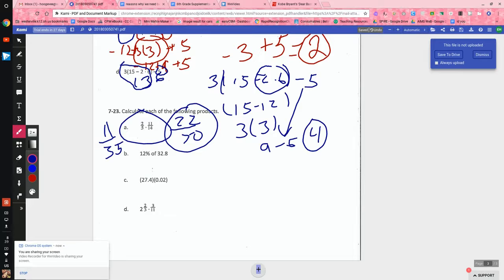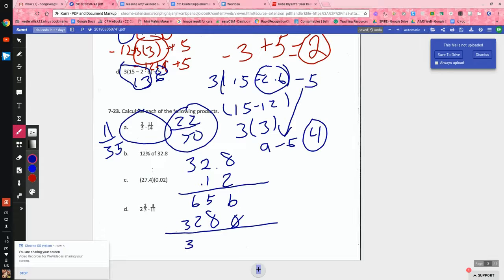12% of 32.28, so we take our 32.8 and we multiply it by 0.12. You should get 6, 5, and 6. Bring down my 0 for my place value, and I get 823.